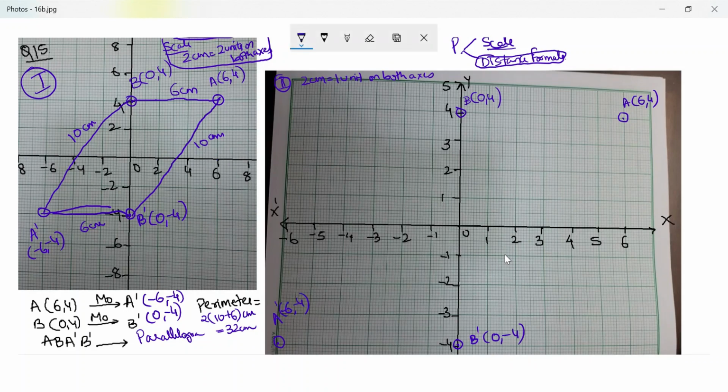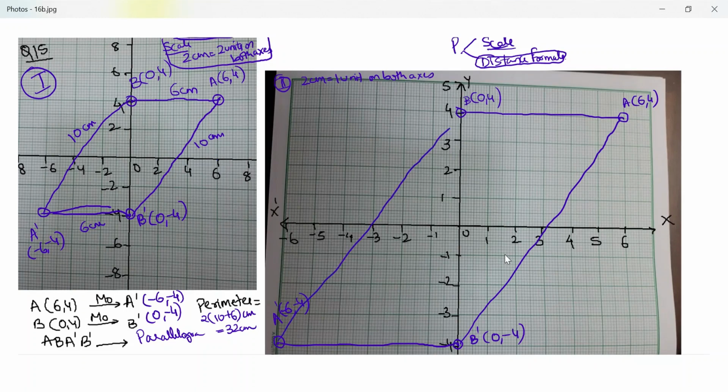Let's join these points, and then join A with B dash and A dash with B. Again, the figure that I get is a parallelogram. That part is correct. But let's look at the last part, which is the perimeter.